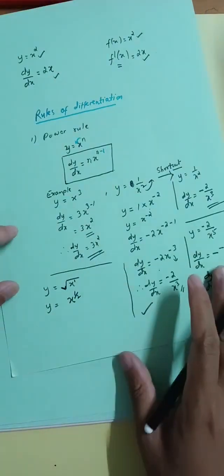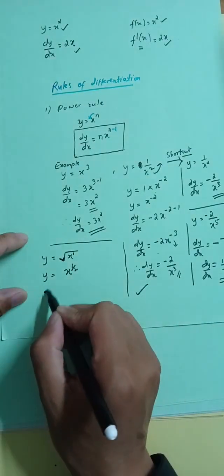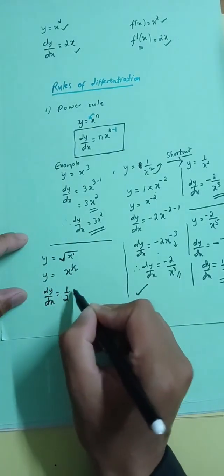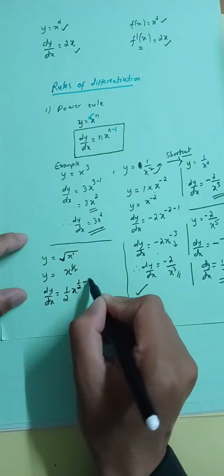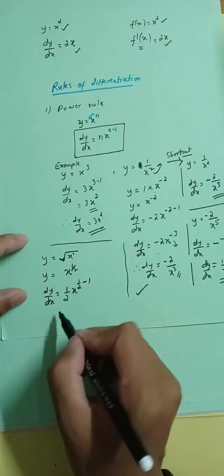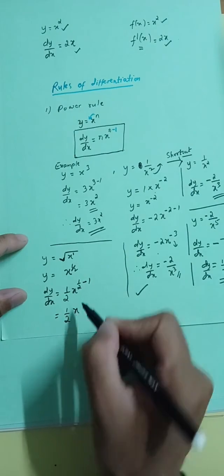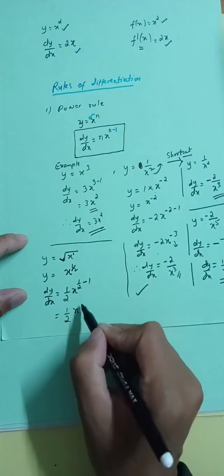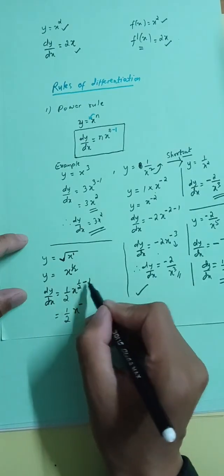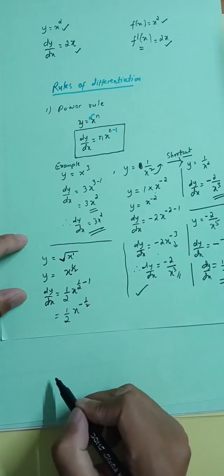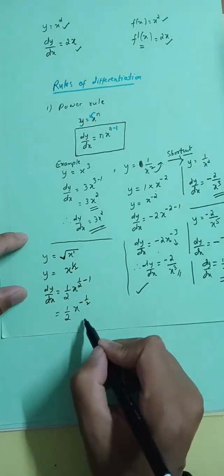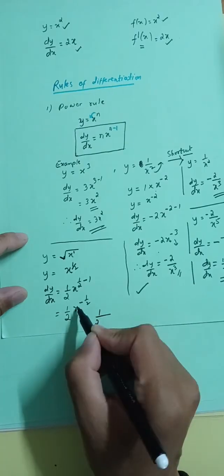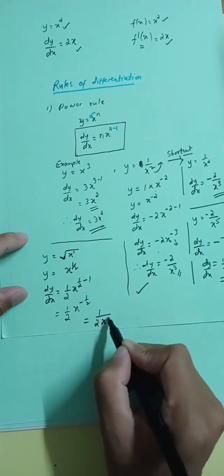So when we differentiate, dy over dx is equal to 1 over 2 x raised to 1 over 2 minus 1, applying the power rule. What is 1 over 2 minus 1? The smaller number subtracted by the bigger number gives a minus, and half minus 1 is negative half. So x raised to negative half, which is the reciprocal of x raised to positive half.